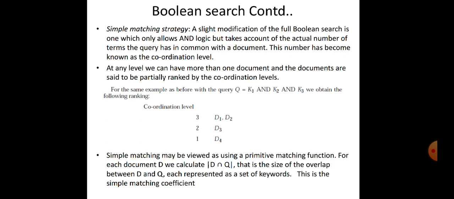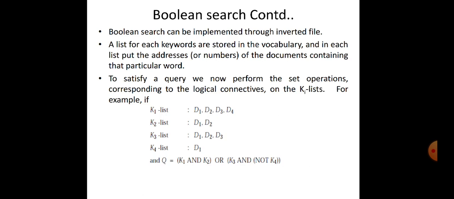If we were using the full Boolean search, we would have got only D1 and D2, because we need K1 AND K2 AND K3. But in the simple matching strategy, we have search results of different levels.